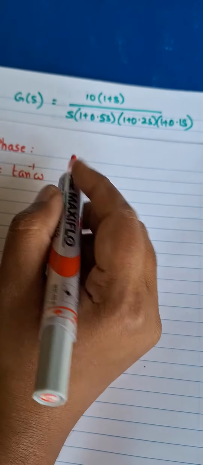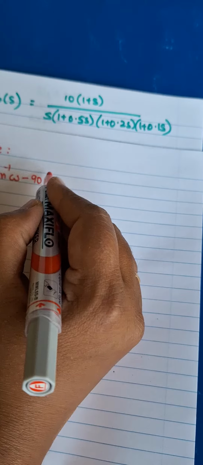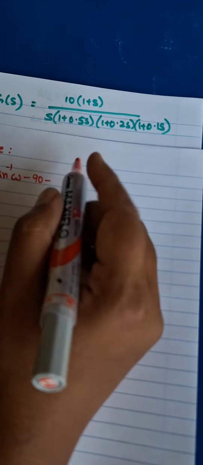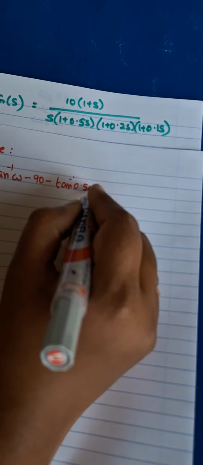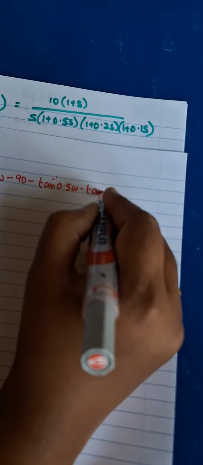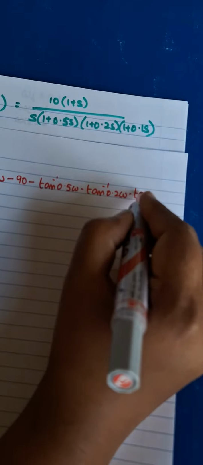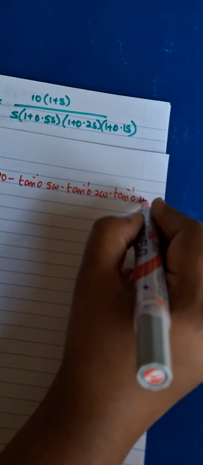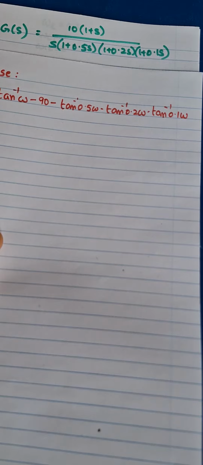Next, everything is in the denominator, so obviously it will be negative. S means 90, 1 by S means minus 90. Then this is also in the denominator, so I will say minus. It is 1 plus 0.5S, means minus tan inverse 0.5 omega. Next one, minus tan inverse 0.2 omega. Minus tan inverse 0.1 omega. So this is our final phase equation.